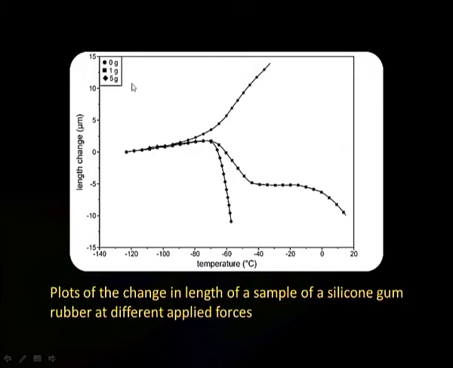So, if we use 0 gram, you can see that with increase in temperature the length increases, and at around minus 70 degrees the change becomes more rapid, whereas at 1 gram we get the results in which there is a decrease in length followed by the constant nature of the curve, and then again at around minus 20 degrees it shows a decreasing trend.